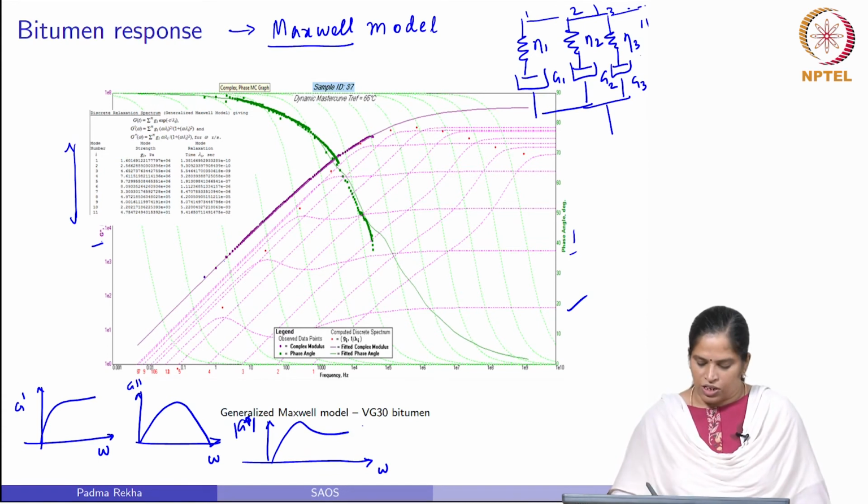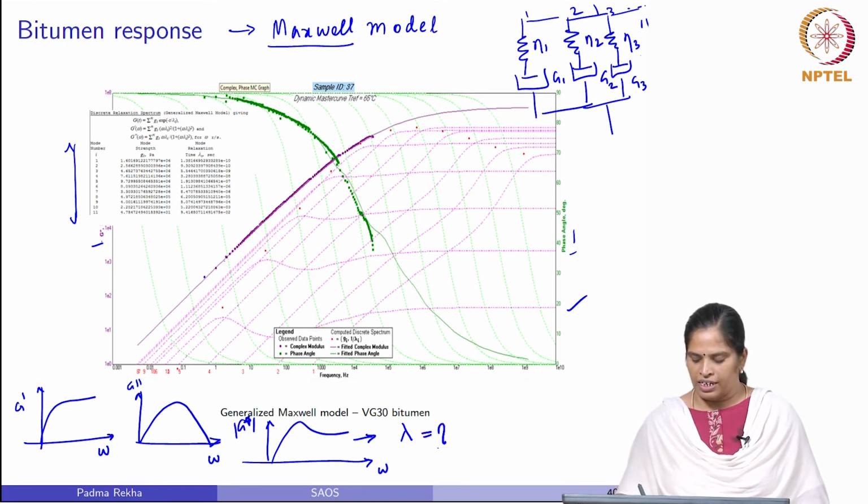Now, this is for a Maxwell model with one relaxation mode lambda, where lambda is defined as eta by G, viscosity function by modulus function.